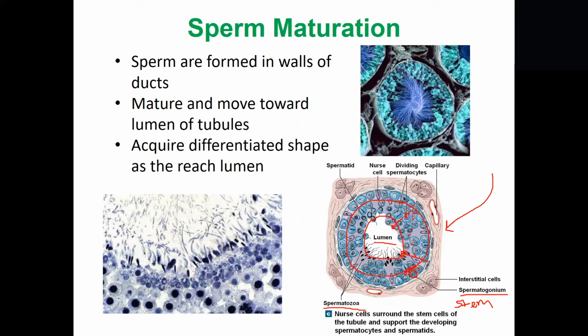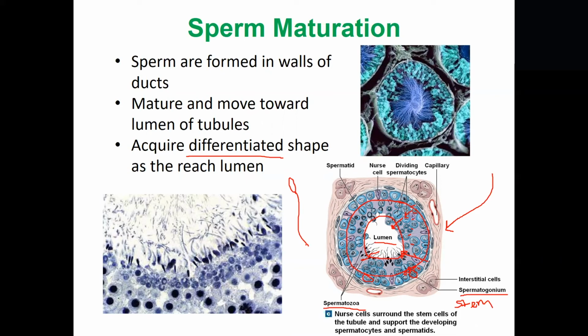Those cells look a lot different than these round animal cells, these stem cells that are giving rise to the final product. They've got this tiny little head and this long tail. So we can see the most mature and the most obviously sperm cell looking structures are towards the middle of that lumen. We're describing that characteristic shape of that head and that tail as differentiated.